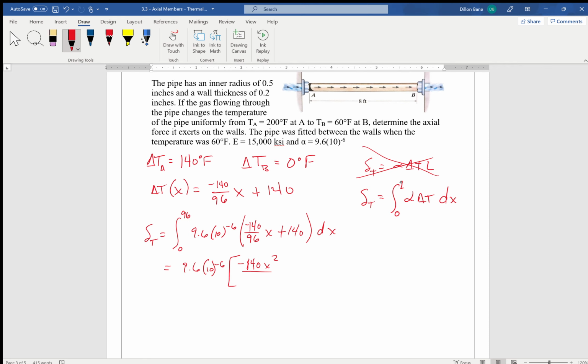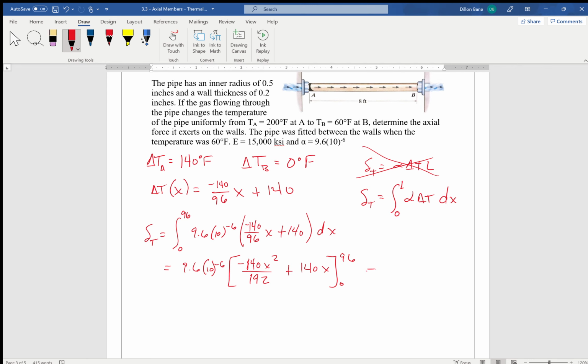So now we're back at our integral. We get negative 140 x squared divided by 192 plus 140x. Evaluate that integral from 0 to 96. I hope I did not confuse anybody with this part of the equation.